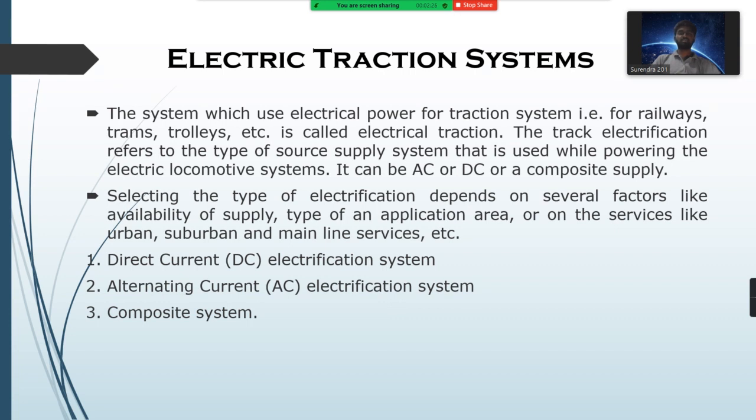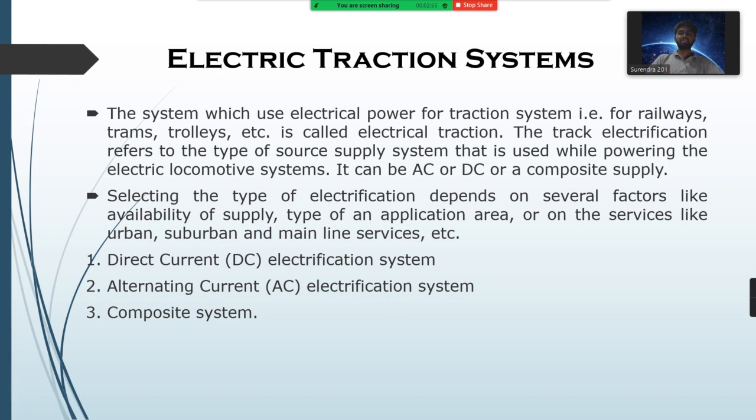It can be AC or DC or a composite supply. Selecting the type of electrification depends on several factors like availability of the supply, type of application area, or services like urban, suburban, and mainline services, etc. This is the basic definition of electric traction systems.